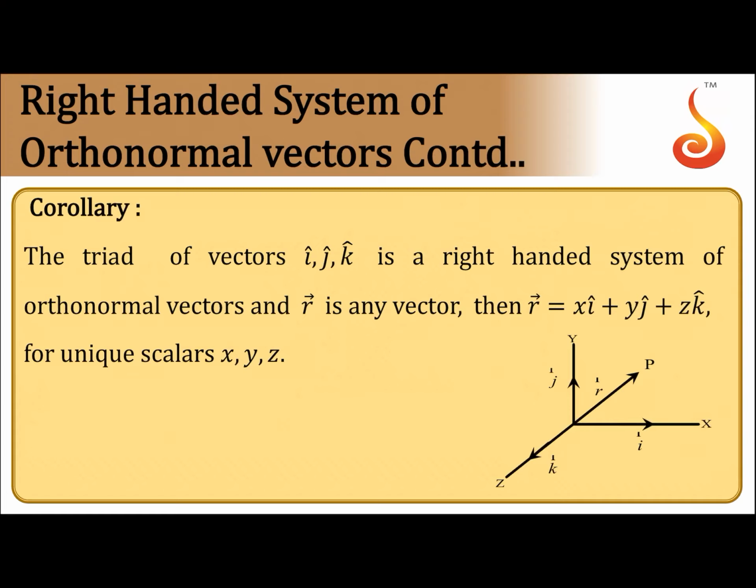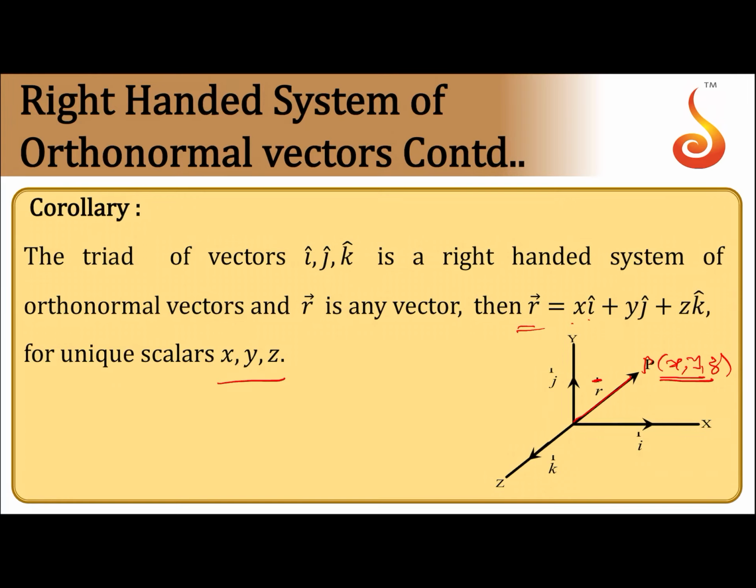And therefore, if P(x, y, z), with coordinates x, y, z, is any point in space whose position vector is r bar, then I can express r bar uniquely as x i bar plus y j bar plus z k bar for unique scalars x, y, z.